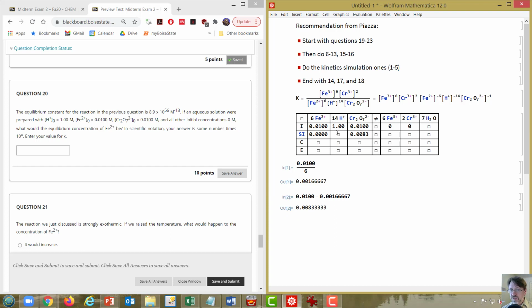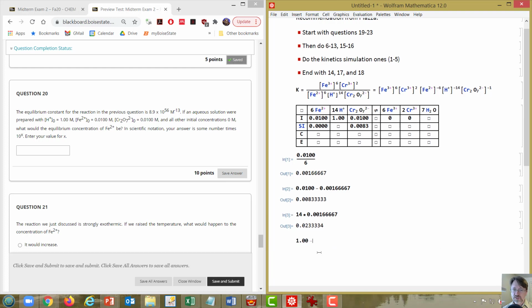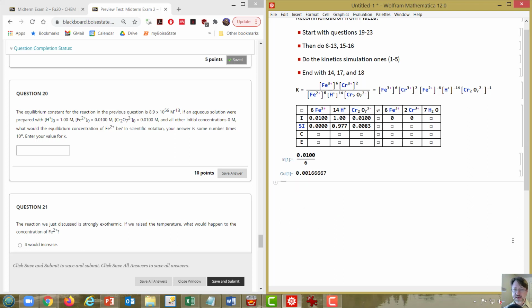We have 14 times as much of the H plus that goes away, so 14 times 0.0016667. We have that much, and we want 1.00 minus 0.023, 0.977. Okay, I'm going to get rid of these to clear some space.